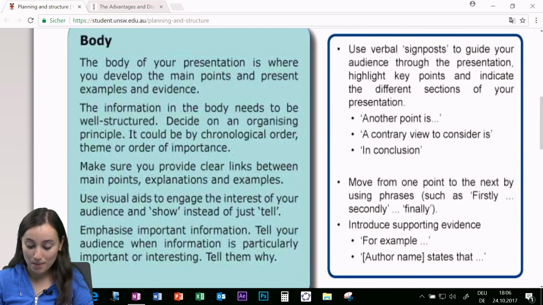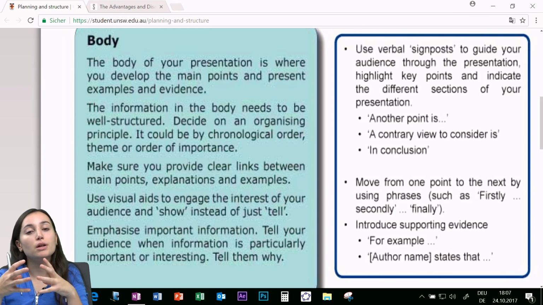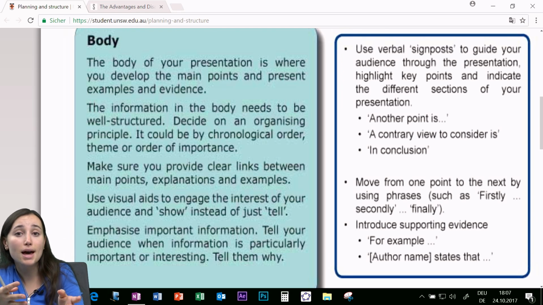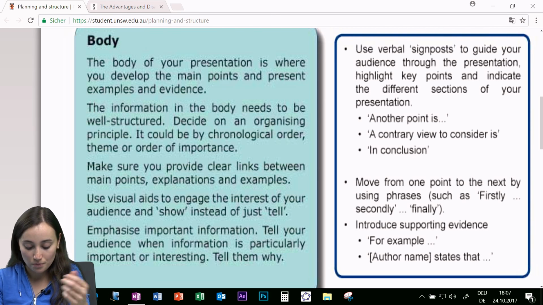Now we come to the body, which is a little bit larger, of course, as you can see here. The body of the presentation, or the core of the presentation, should contain your main arguments, why something is good or bad, or you can also list advantages and disadvantages.